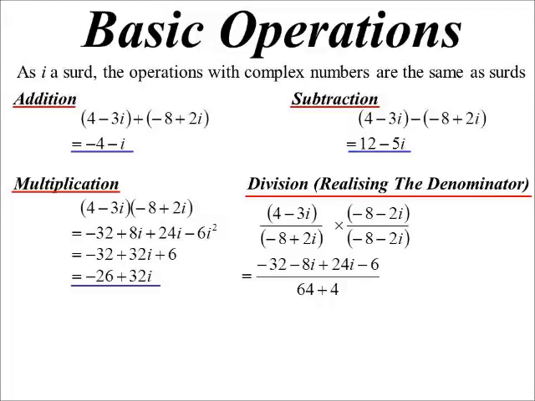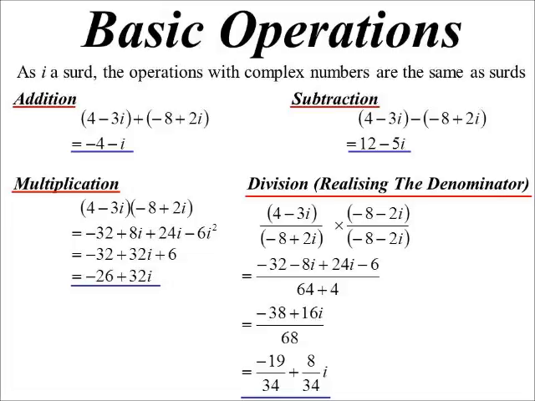So instead of going difference of 2 squares, a squared minus b squared, you're now going a squared minus i squared b squared, but i squared is -1, so you get a squared plus b squared. Got to be real careful with that, because it's so easy to go 64 minus 4 instead of plus 4, because we're just so used to doing that when we're playing with surds. So what does that tidy up to be? There we go. Minus 19 on 34 plus 8 on 34i.